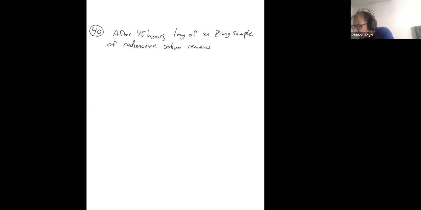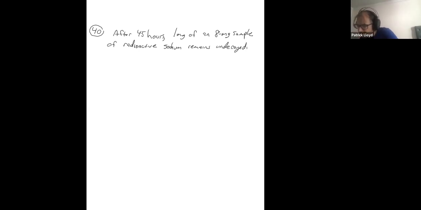And it says, after 45 hours, 1 milligram of an 8 milligram sample of radioactive sodium, they don't tell you what kind it is, remains undecayed.